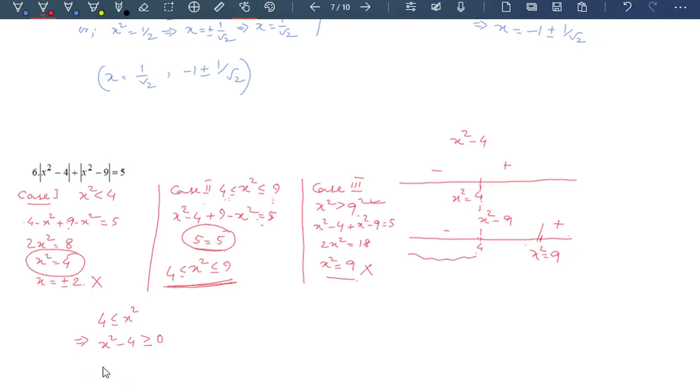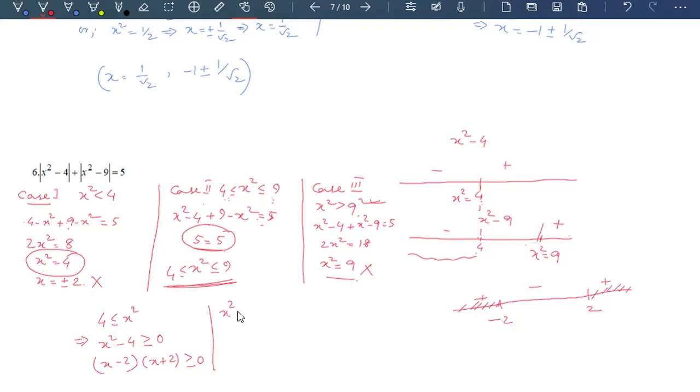That means (x minus 2) into (x plus 2) greater than or equal to 0. So in this case the solution is, this is your minus 2, this is your plus 2, this portion will be positive, negative and positive, applying the sign scheme. So this is the solution.